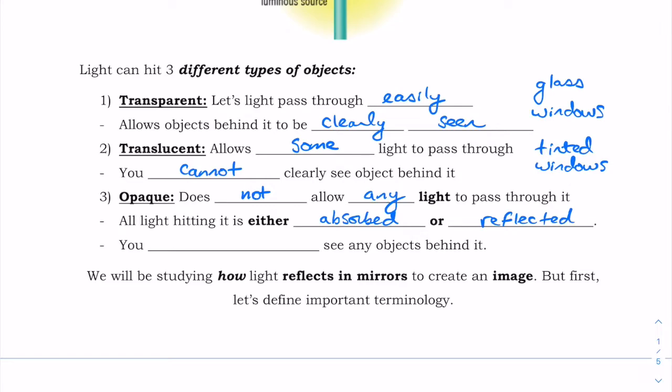And as a result, you cannot see any objects behind opaque objects. An example would be like a brick wall, let's say. Or in your house, the walls, so drywall for instance. These objects ensure that you can't see what's on the other side.